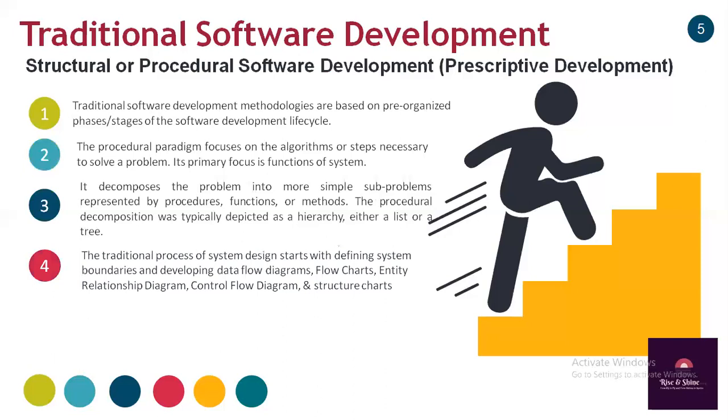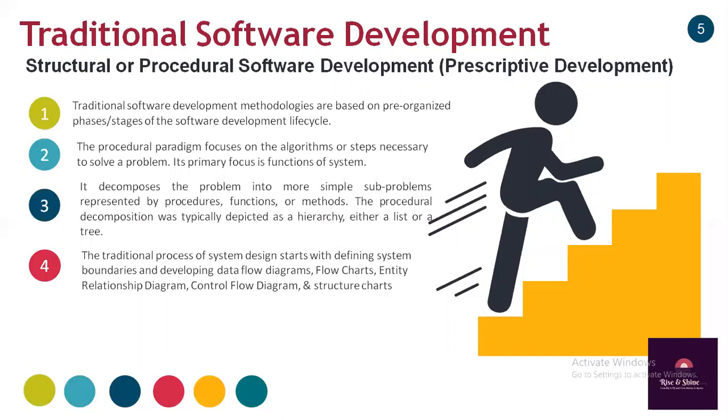The traditional process system design starts with defining the system boundaries and developing the data flow diagrams, then flow charts, then the entity relationship diagram to design the domain level of the data or databases. Then we design the control flow diagram, then the structure chart. You already know the DFD.